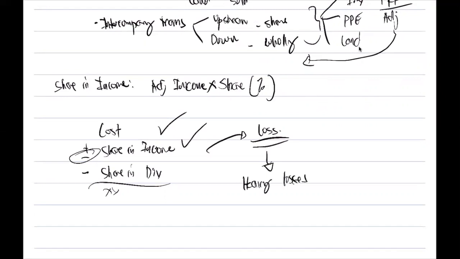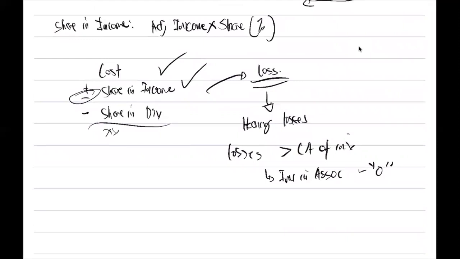So what is a heavy loss? There is a heavy loss if ever the losses are greater than your carrying amount of investment. So what we do here is that the investment in associate should be presented at 0. Okay. And what is the treatment?